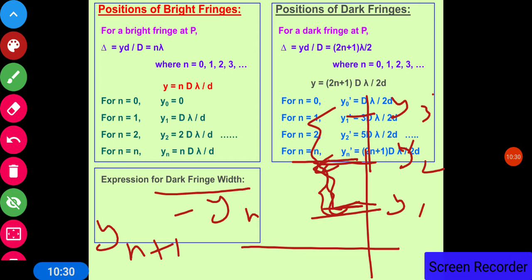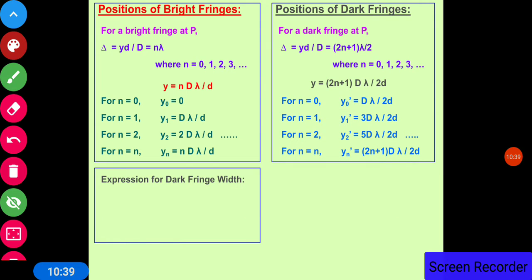Means with the help of this difference we can find out the fringe width of a dark fringe. So beta is the symbol for the fringe width. So beta naught, the expression for the dark fringe width, is equal to yn minus y(n minus 1) or y(n plus 1) minus yn. In both the cases you will get the same result.